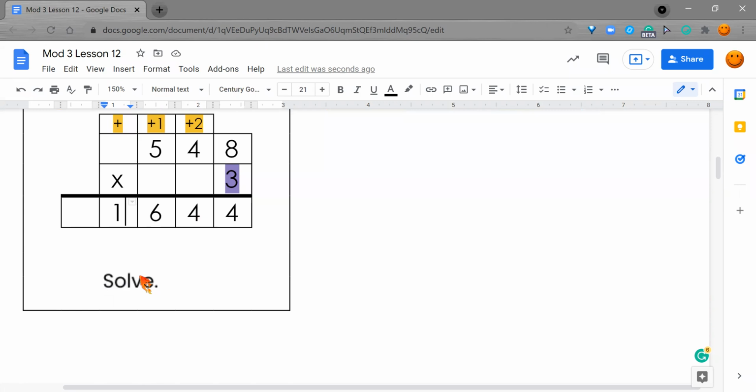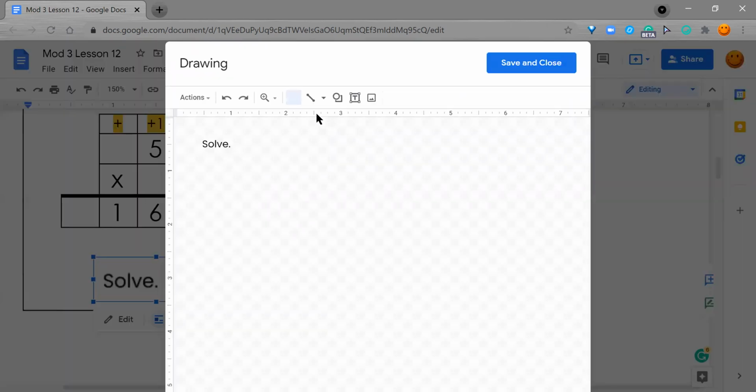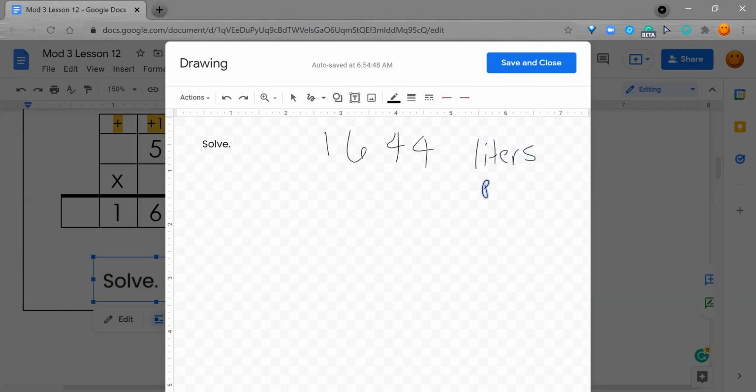So I'm going to quick jump into our scribble, and I'm going to use my little finger. We know the Hill family uses 1,644. I'm going to write it right here, liters per day.